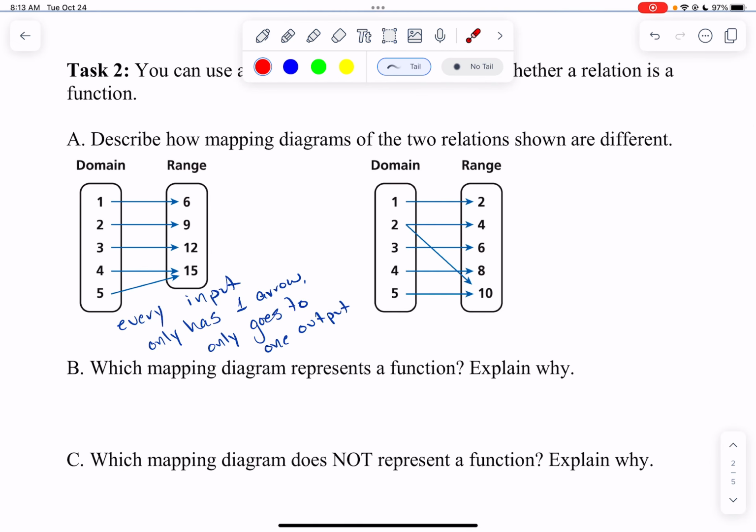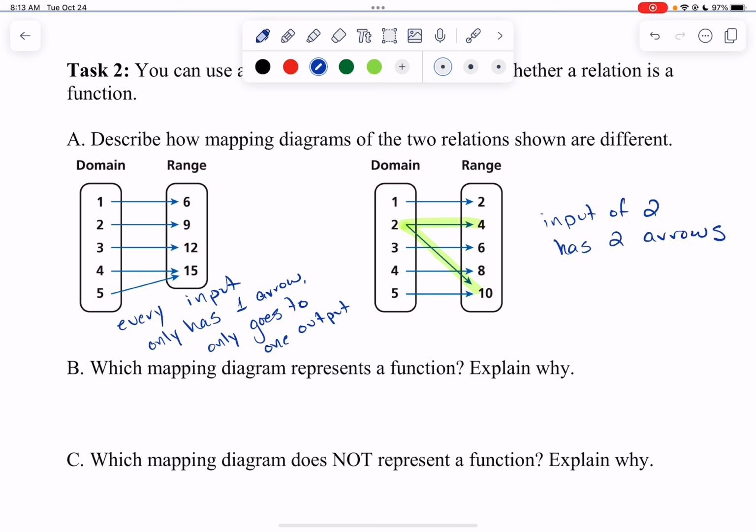Whereas this one, if you notice here, if we look at 2, the number 2 has 2 arrows. Input of 2 has 2 arrows. It goes to both 4 and to 10.